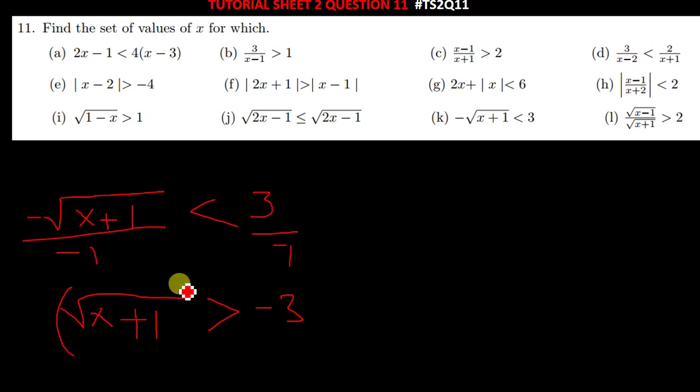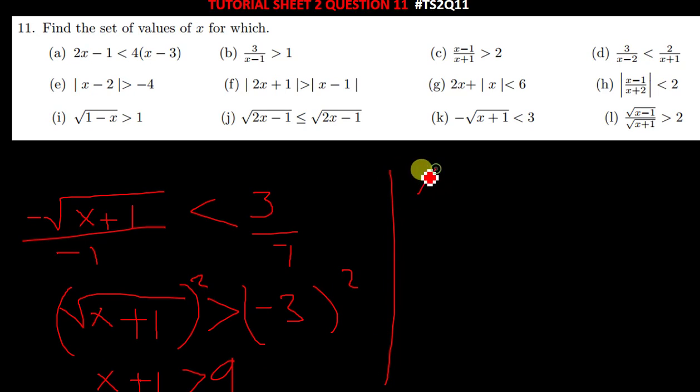So we square both sides. We're going to have x plus 1 being greater than 9. When you take this 1 to the other side of the equal sign, you're going to have x greater than 9 minus 1. So the value of x there will be greater than 8.